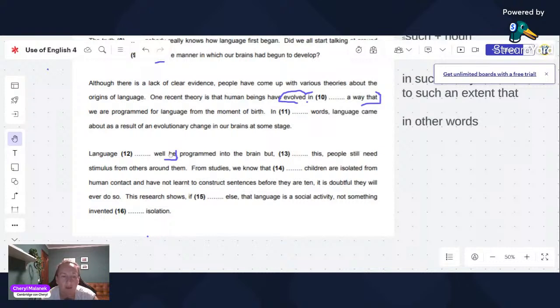So usually your brain should probably be thinking of modal verbs. Should be, may be, might be, could be. Yeah. So what works best with this? The one that I would personally use would be language might well be or may well be programmed into our brain. But you could also use could here as well. Okay.